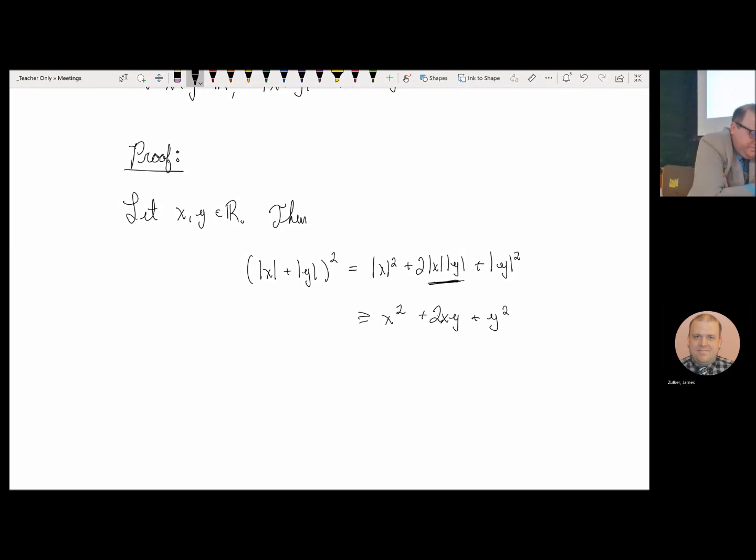That's because what does absolute value of x squared actually mean? Absolute value of x times absolute value of x, right? Which is the absolute value of x times x. That's always going to be a positive value. It's either going to be positive times positive or negative times negative.